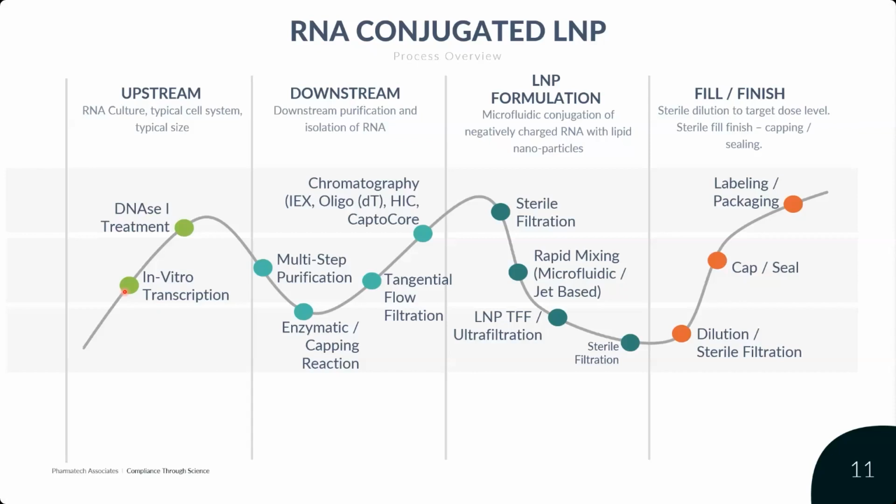And then, since we have to deliver this to a patient, there are multiple formulation steps that not only render this even more stable, but also provide the ability to deliver the mRNA to the targeted tissues. Finally, it's sterile filtered, goes through a capping and sealing process, and then labeling and packaging.